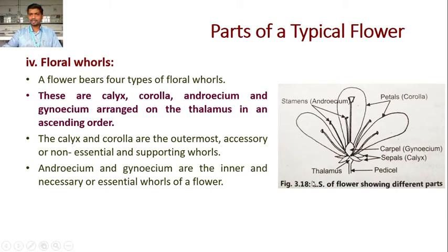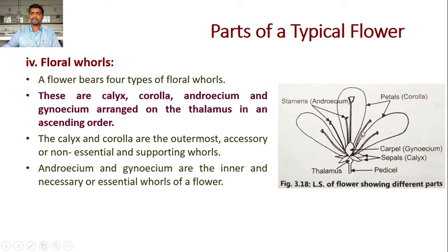While the androecium and gynoecium, in this flower there are 5 stamens, 1, 2, 3, 4 and 5, and there is one gynoecium. The carpels inside the gynoecium we can see after taking the TS of the ovary. The androecium and the gynoecium are the inner, necessary or essential whorls of the flower. They are required for reproduction, because the flower is a modified shoot mainly meant for reproduction.